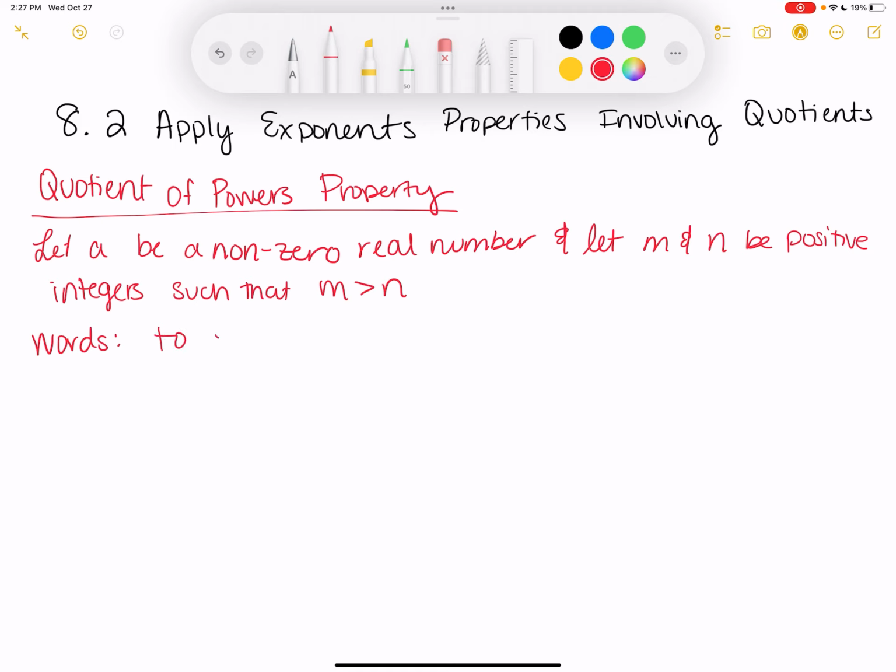So we say that to divide powers having the same base, subtract the exponents.